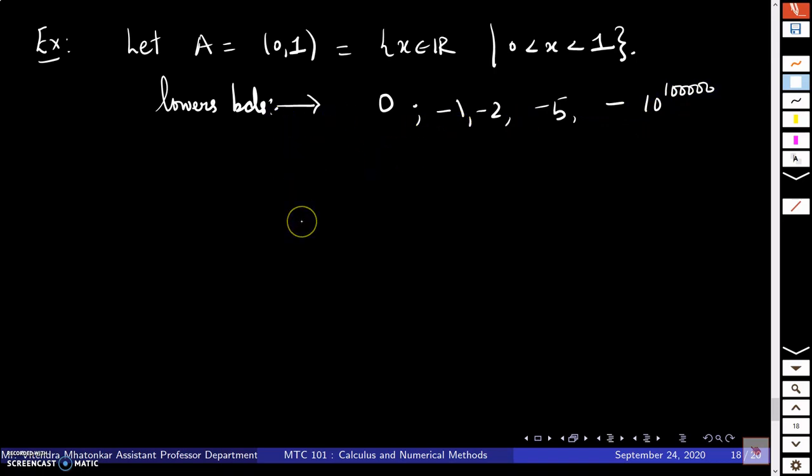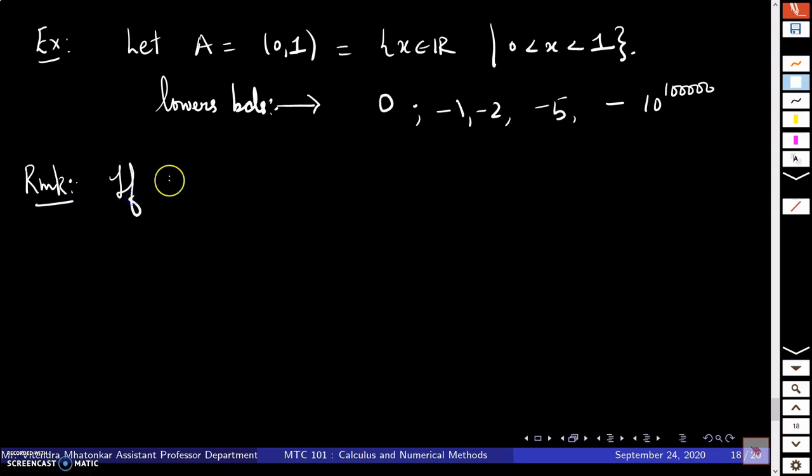This means if you have a lower bound for a set A, then every number which is less than that lower bound is also a lower bound of that set. So if you have one lower bound, then you can produce infinitely many lower bounds for a given set. I will put that in a remark.